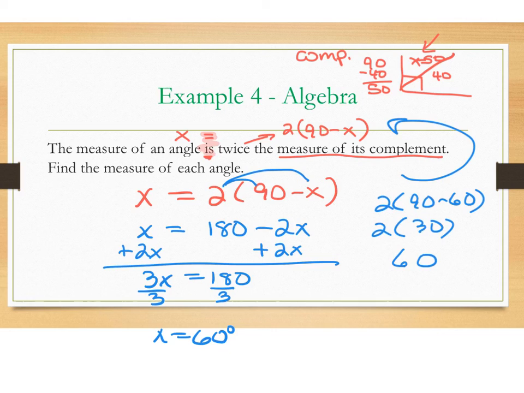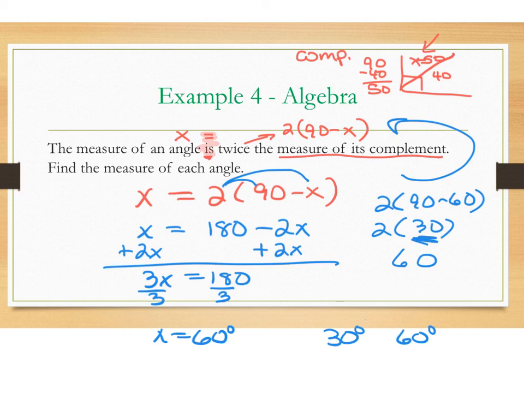So I could plug it in there, and that would be twice the measure of the complement. So the complement was 30. So the two angles are going to be, let me fix this, 30 degrees and 60 degrees.